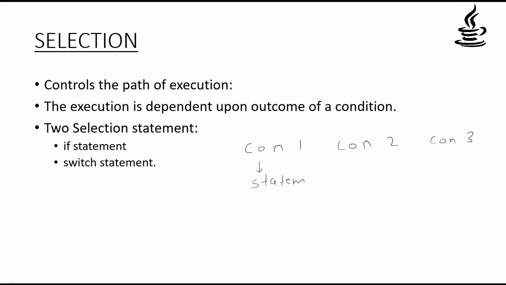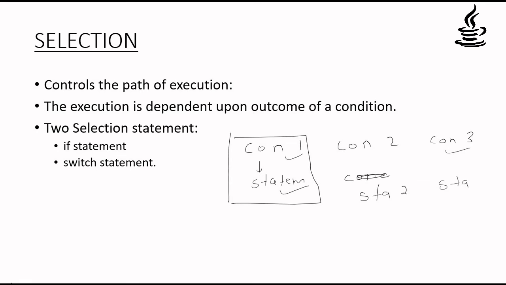If condition 1 is true, we will follow some statement, if condition 2 is true, we will follow some statement, and if condition 3 is true, we will follow some statement. This is an example of selection, because as our condition is true, we select the corresponding statement based on which conditions are true. So we say that this is an example of a selection statement.